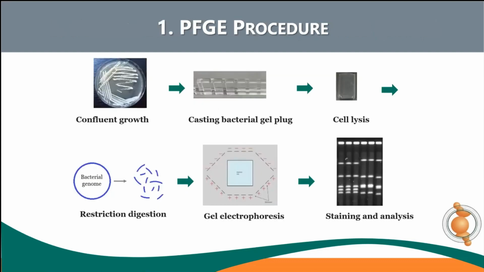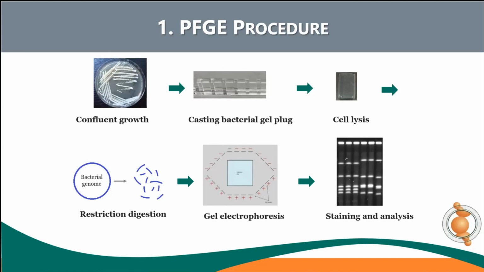This workflow shows the PFGE main procedure. It starts with bacterial isolation and confluent growth. Then bacterial isolates are embedded into melted agarose gel. Once the gel is cooled and solidified, gel plugs are soaked in cell lysis buffer and genomic DNA is released into the gel plugs.